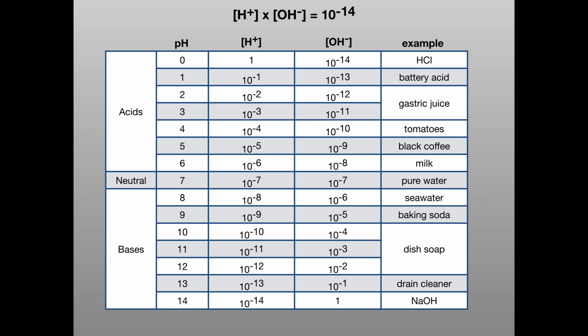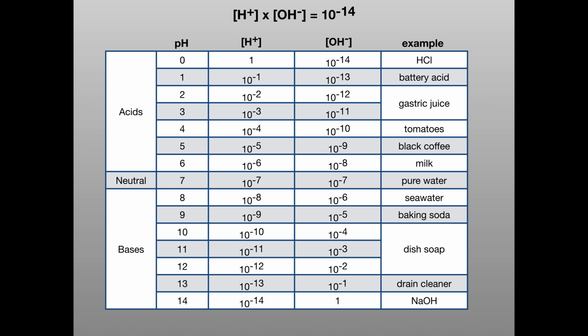If you look at them and actually do the math on your calculator, you'll notice that in every instance it always equals 10 to the minus 14. This also gives you a visual representation of the change in hydrogen ion and hydroxide ion concentration as pH changes.